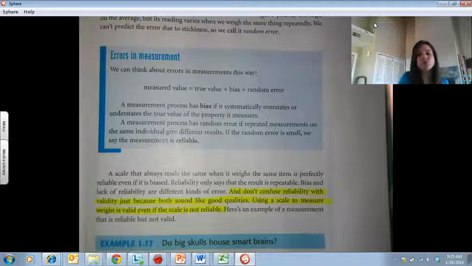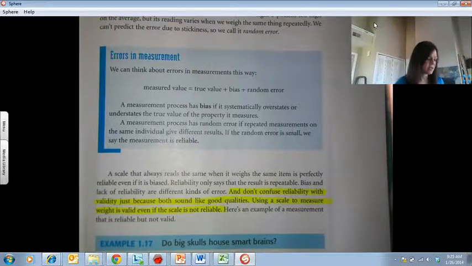So if the random error is way more or way less than you can reasonably say would make it reliable, that doesn't mean that a scale is not a valid way to use that measurement. It's saying that this particular scale is not a reliable way to measure your weight, because there's just no way of knowing every day if it's going to be good or if it's going to be off or not off. So that's what it's talking about there.